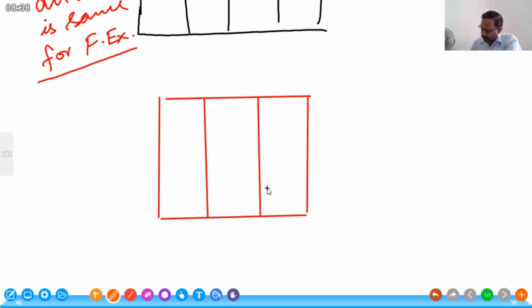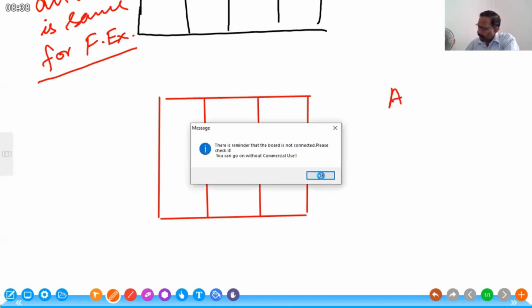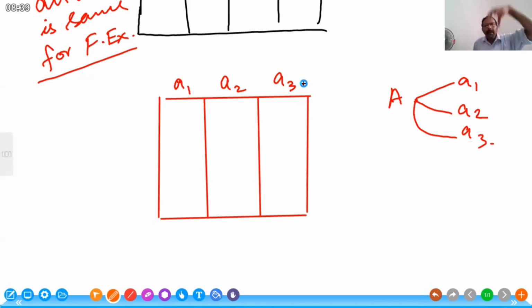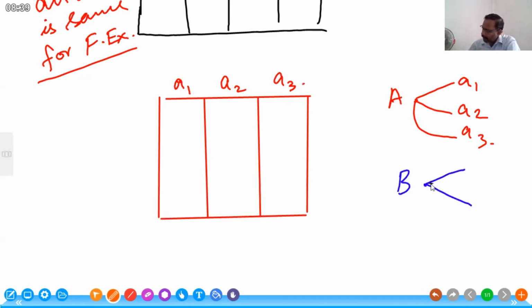Now, here, let's say I have factor A. Let's say A1, A2, A3. So the whole plot belongs to A1. Let's say we have factor B. I will give an example later on.